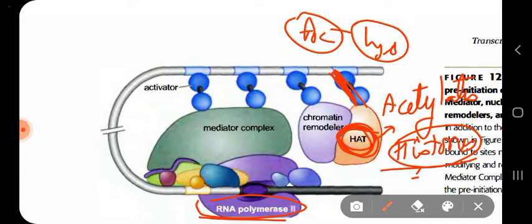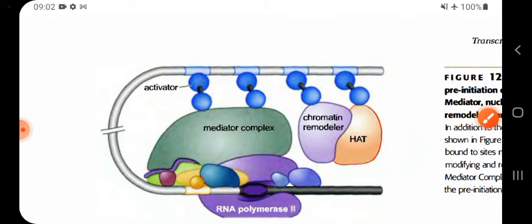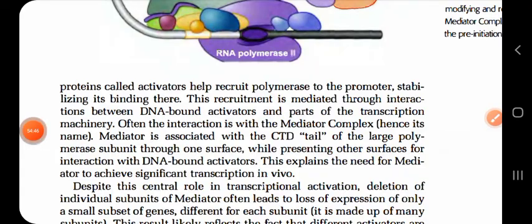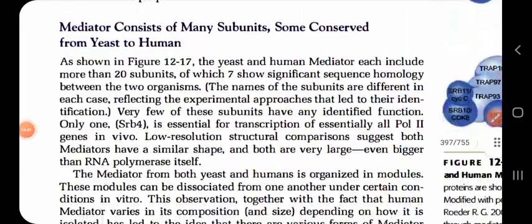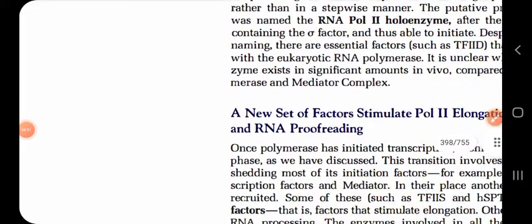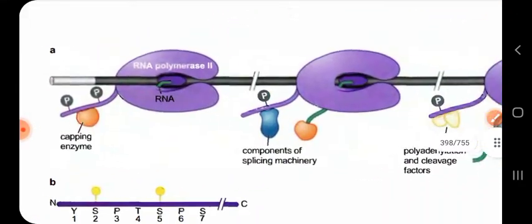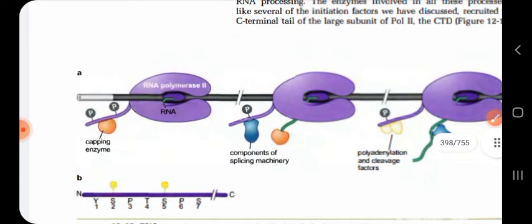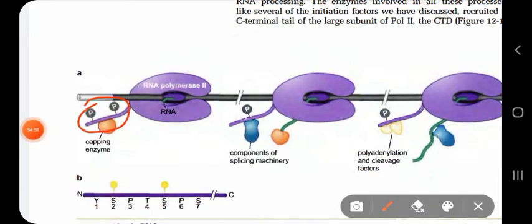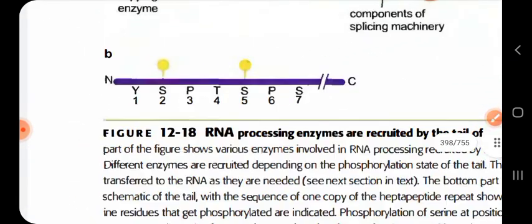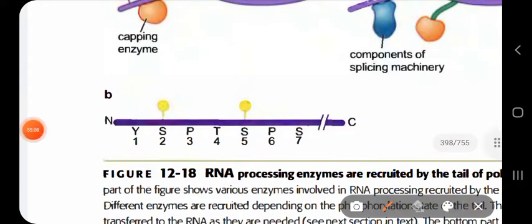Okay. So this was for today's lecture. In the next lecture, I will talk about the phosphorylation state of the tail, that is, what happens when specific regions of the RNA polymerase 2 are phosphorylated. Well, you can see it has been mentioned here, all the repeated amino acid sequence that is found on the tail region: tyrosine, serine, proline, threonine, serine, proline, serine.